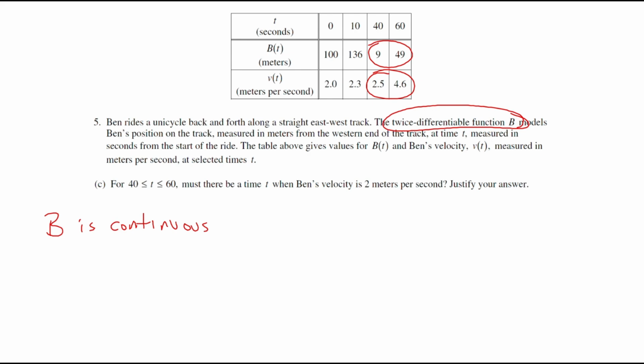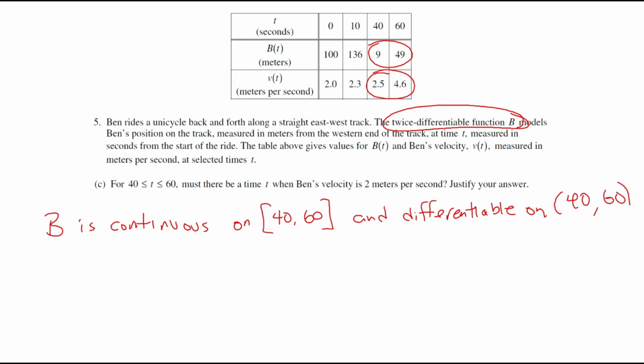So B is continuous on 40 to 60 and differentiable on 40 to 60. And again, this one's an open interval, right? Because that's how the mean value theorem works. And we know it's continuous because it is differentiable.